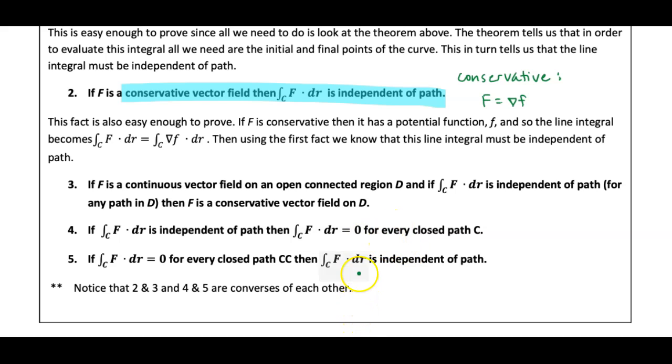And let's again relate this back to work. Work is just the easiest application to look at if you're familiar with it. So for work, if we have a displacement of 0, then work is equal to 0.